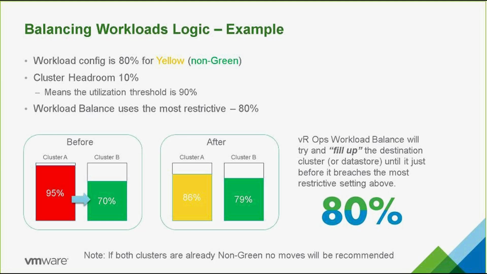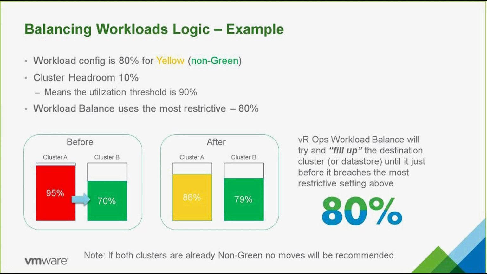Now, in the policy, I've configured that any cluster will be considered for a move if it's 80% or more. So it'll be yellow at 80%, which is non-green, which you can see cluster A is. The second policy I have is the headroom, and the headroom is 10%, which means the utilization threshold is not more than 90%.